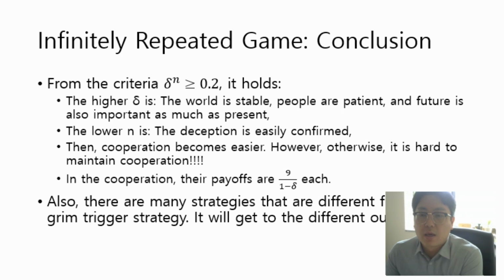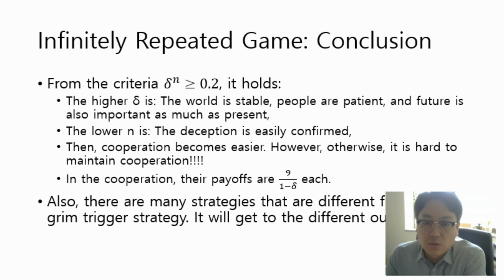Said differently, think about cooperation. From the beginning, if people think that this game will end, then basically cooperation is impossible. However, first, they should believe that they are playing this game forever. And they should believe that the world is very stable and people are very patient.